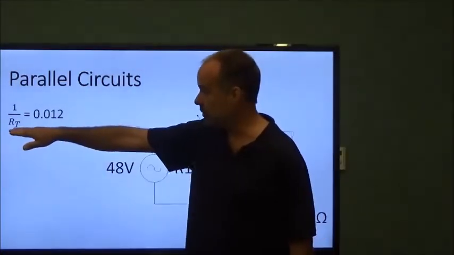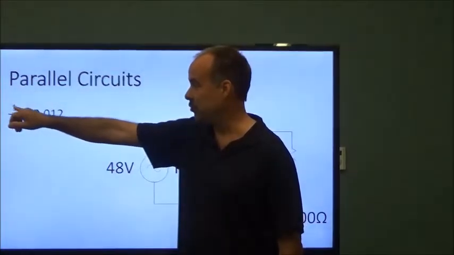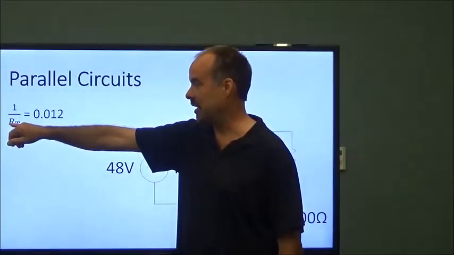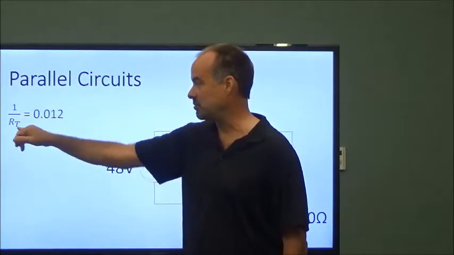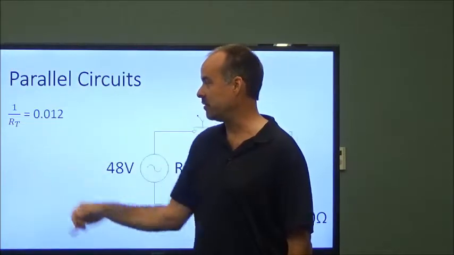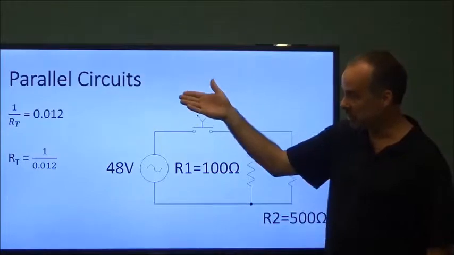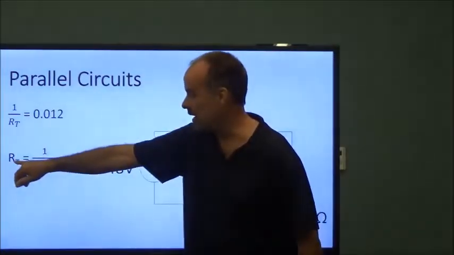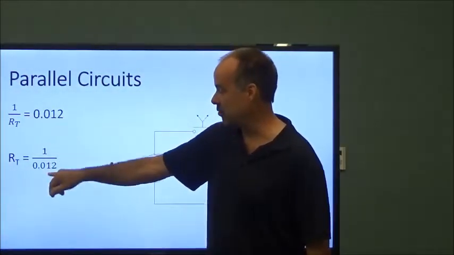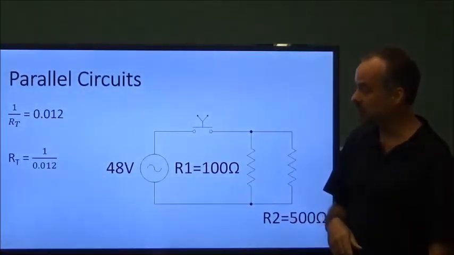Just real quick, to get my total resistance by itself, since 1 is being divided by RT, I have to multiply both sides of my equation by RT, and then divide both sides by 0.012 to get RT by itself. But as a quick shortcut, when you get to this point, just put RT by itself and put this value under the 1, and that allows you to finish out the equation.